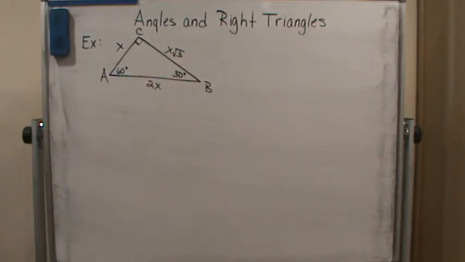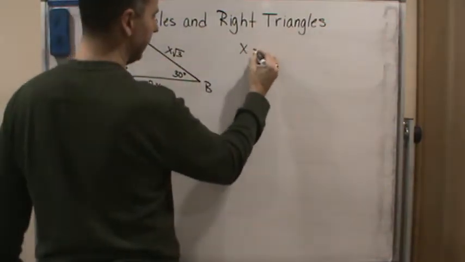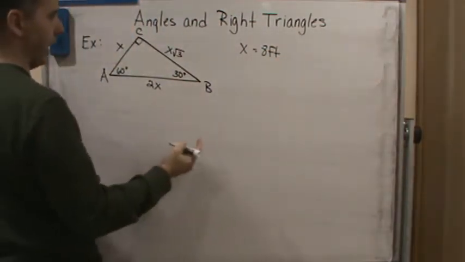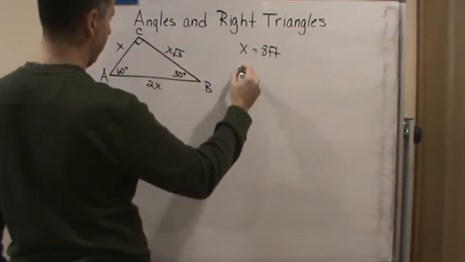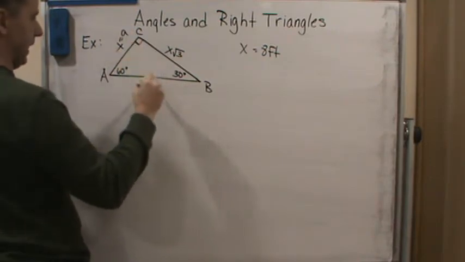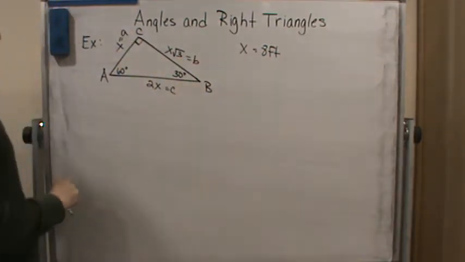You can give me any one side and I can figure out the rest of the sides. So if X equals 8 feet, then I know the other two sides. Let's put the A, B, C back.